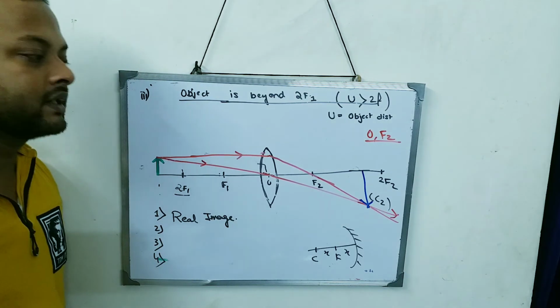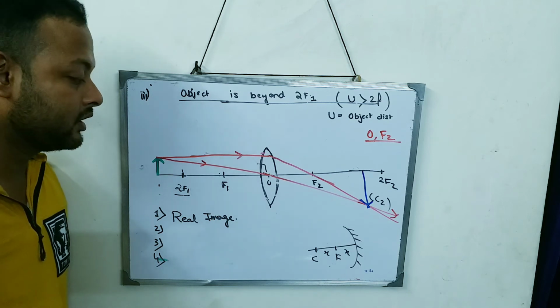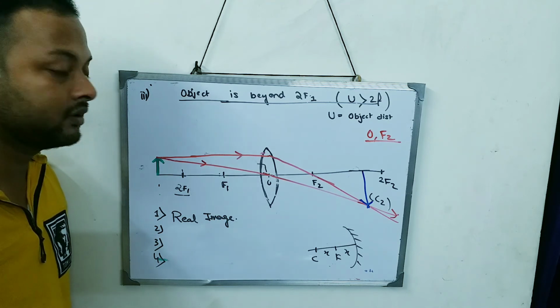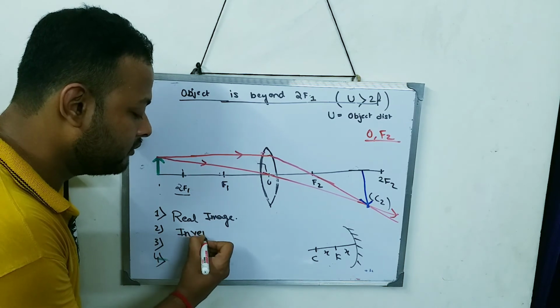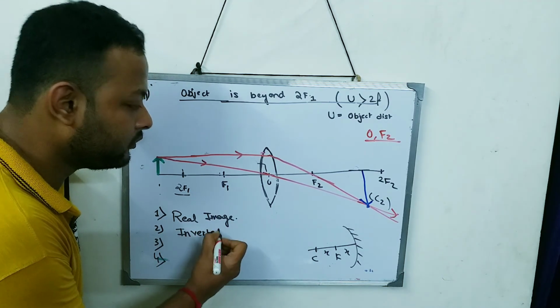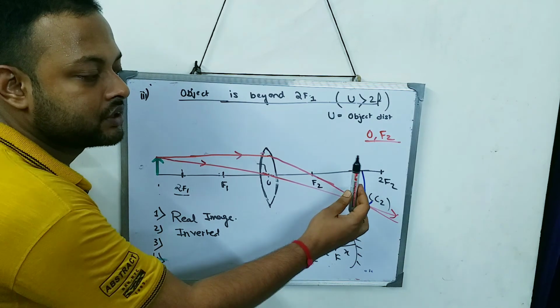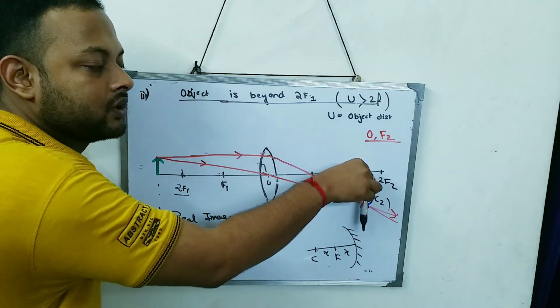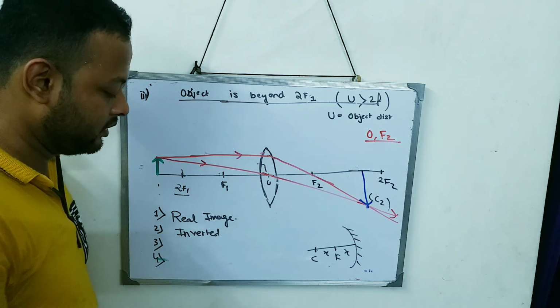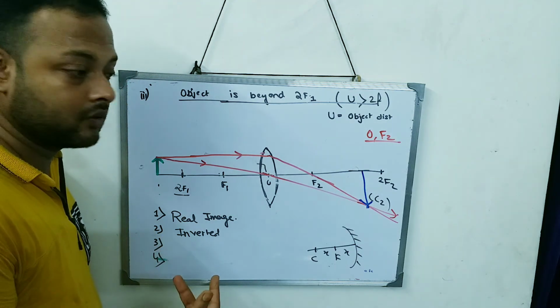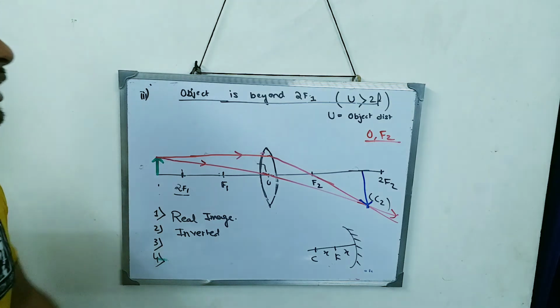The second thing we notice is that all the real images are inverted. Like you can see, this is straight, this is inverted. So the image is inverted.